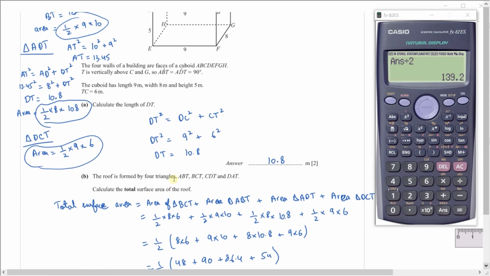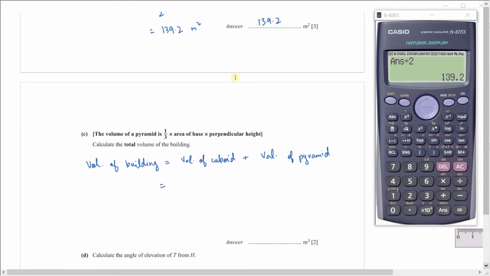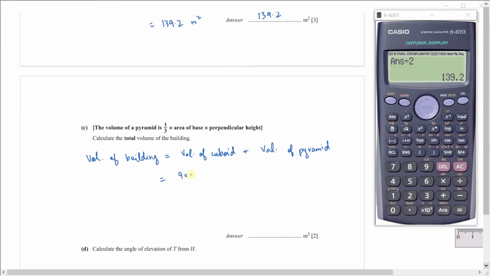The volume of the cuboid will be simply length into width into height, which is 9 times 8 times 5, plus the volume of the pyramid, which is 1 by 3 into base area.